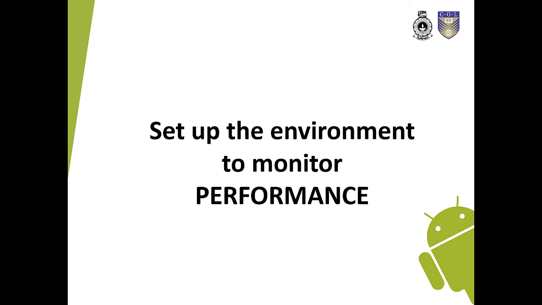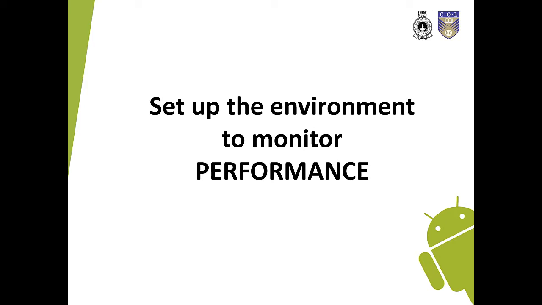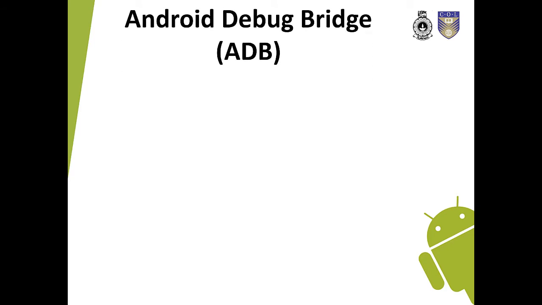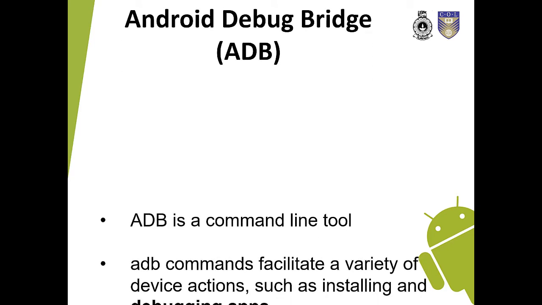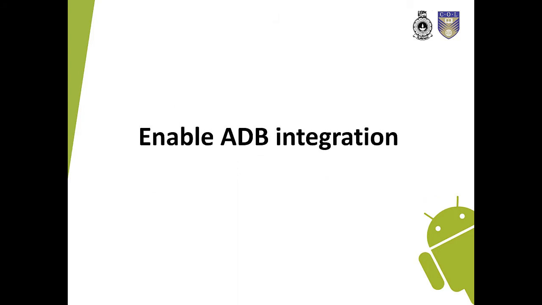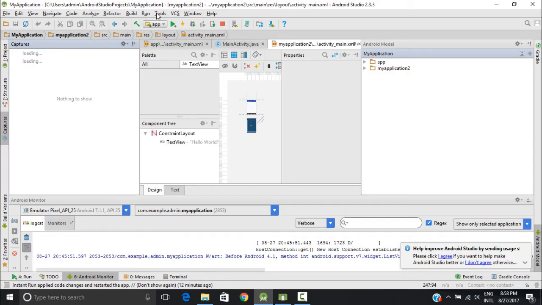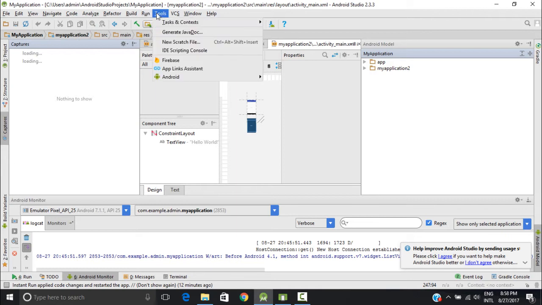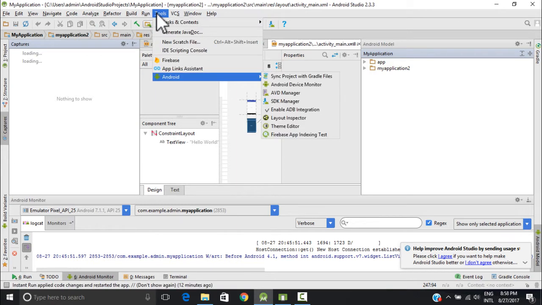Before starting using Android monitor, you need to set up the environment as well as the hardware device or emulator. Android Debug Bridge, in other words ADB, is a service that is used for debugging Android. You have to enable ADB integration by selecting Tools, Android, Enable ADB Integration.